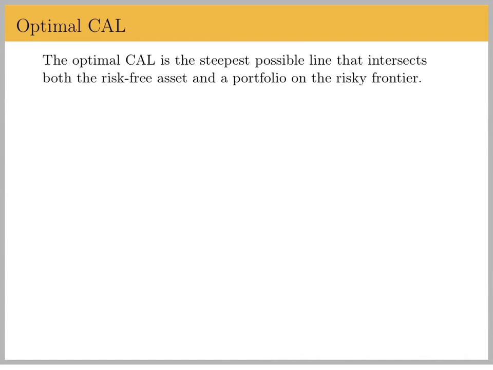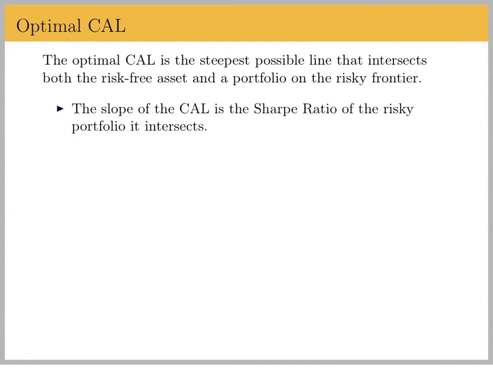Now, which capital allocation line do you want? Well, as I mentioned on the previous slide, you want the one with the steepest slope, because that represents the highest Sharpe ratio. So that's exactly what that is saying right there. The slope of the CAL is the Sharpe ratio of whatever asset it connects to on that risky frontier.